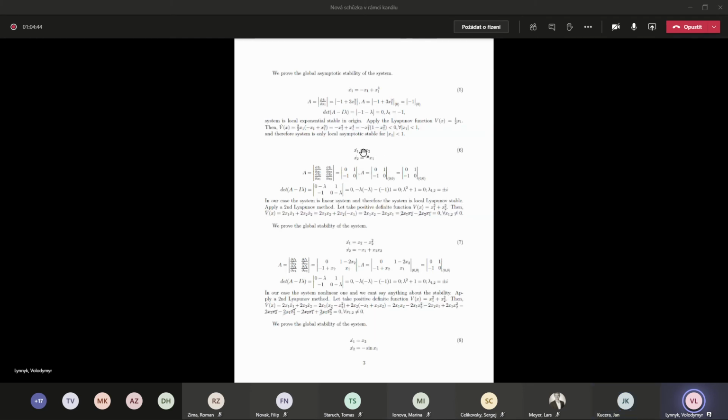It's linear, and we can apply this indirect Lyapunov method and find that lambda 1,2 equals this complex value.